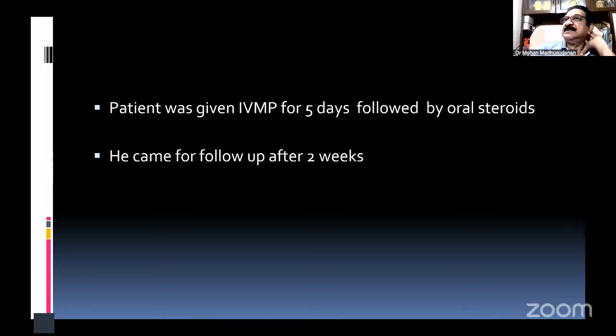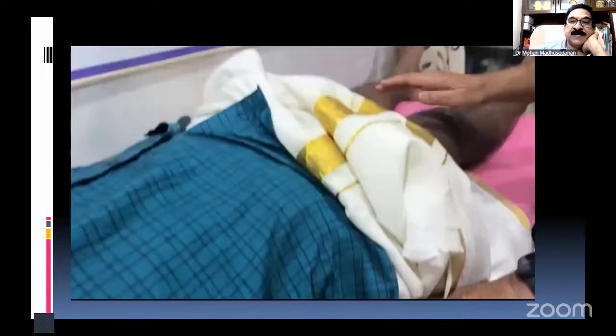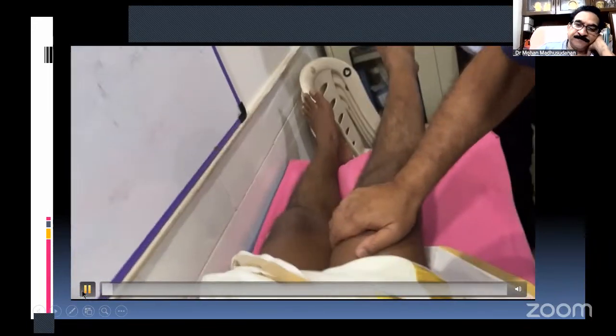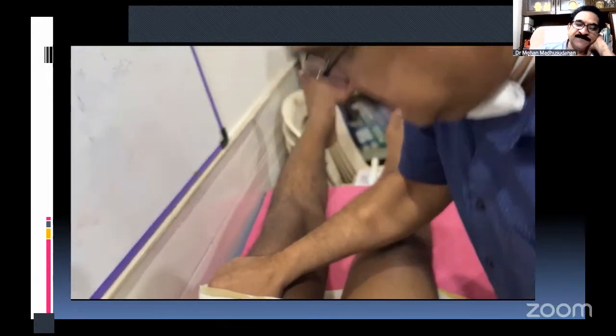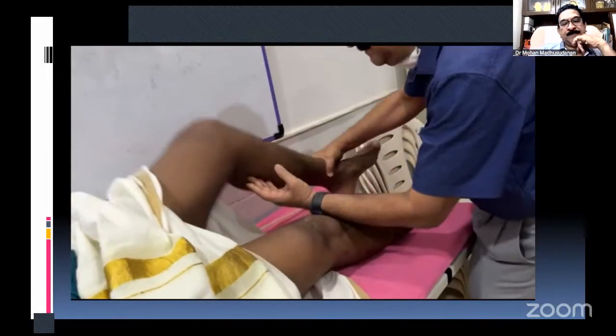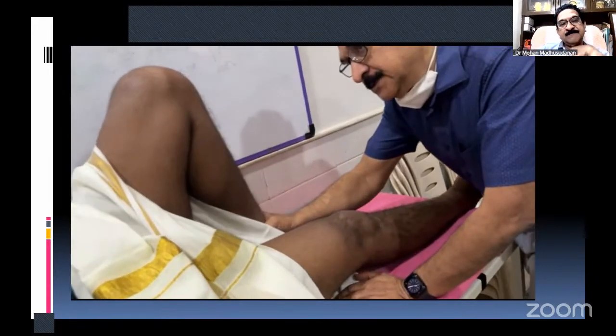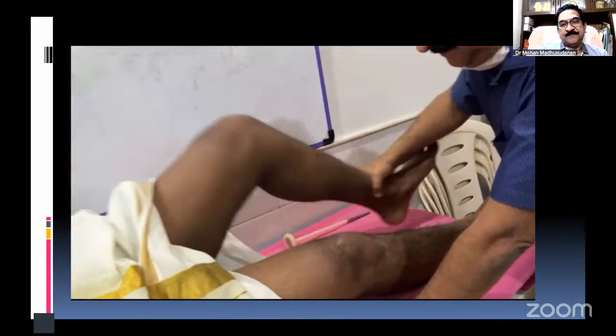So I sent the patient home, and he came for follow-up after 2 weeks. In fact, he has got remarkable improvement in the left-sided pain and weakness. Reflexes were normal. Hip flexion still weak, but less than before.